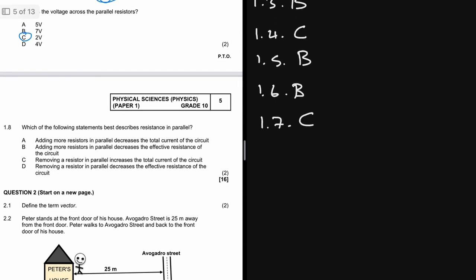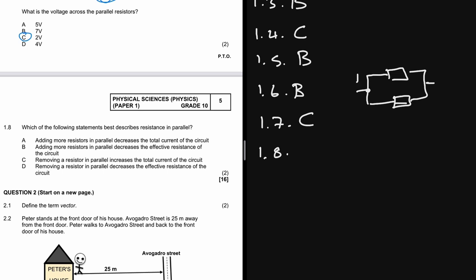So now we have the last question, which is 1.8 on the multiple choice question. They say, which of the following statements best describes resistance in parallel? So now, when we talk about resistance in parallel, remember we talk about resistances that are connected like this. And then we know when they're in parallel, what is going to happen?